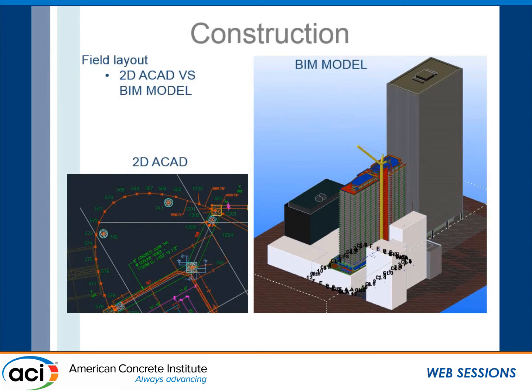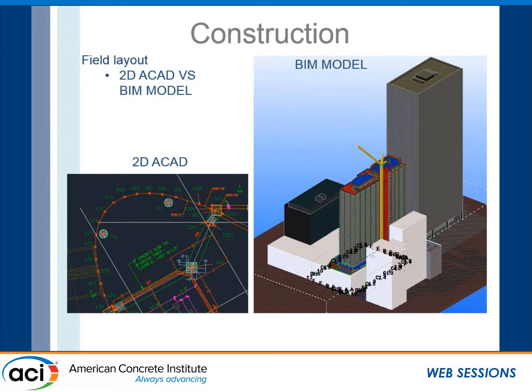One of the things we do to improve our ability to more accurately place our concrete where we're supposed to is we've pretty much moved to a 3D BIM model for our layout. On the left is the old way, with 2D AutoCAD and the various points that the tech engineers would use to lay out.